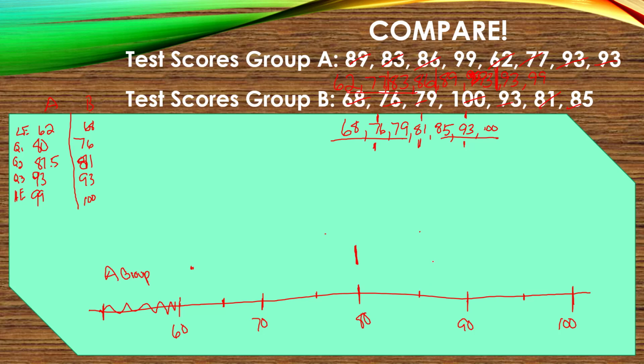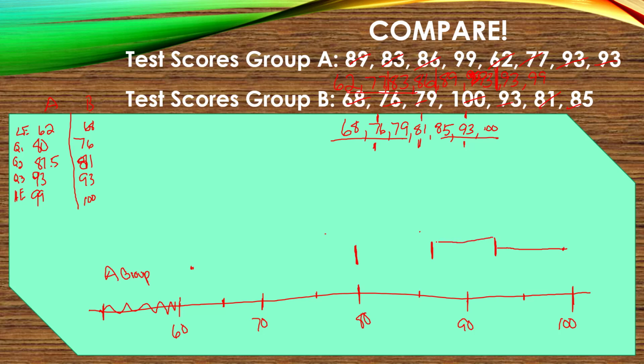So 85, 87.5. Notice these are going to be kind of approximations, but again, you should be able to be a little bit more accurate on a piece of paper with a ruler. We want a 93, so 91, 2, 3. And we want a 99. Almost to 100.